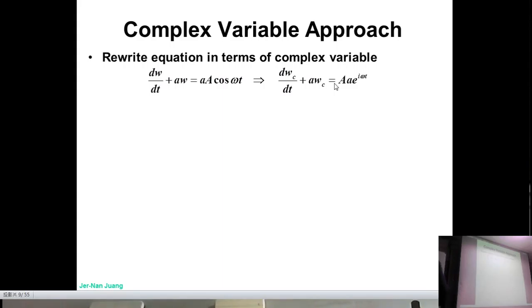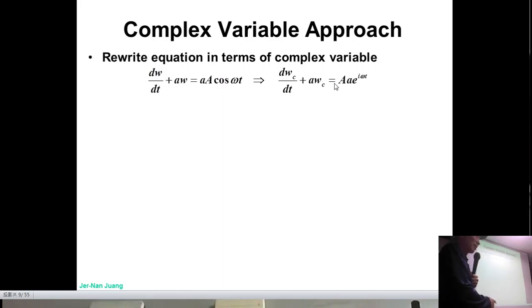You know that e to the i omega t equals cosine omega t plus i sine omega t. All right? Agree? So the two equations are not identical, because I add an i sine omega t to the equation.